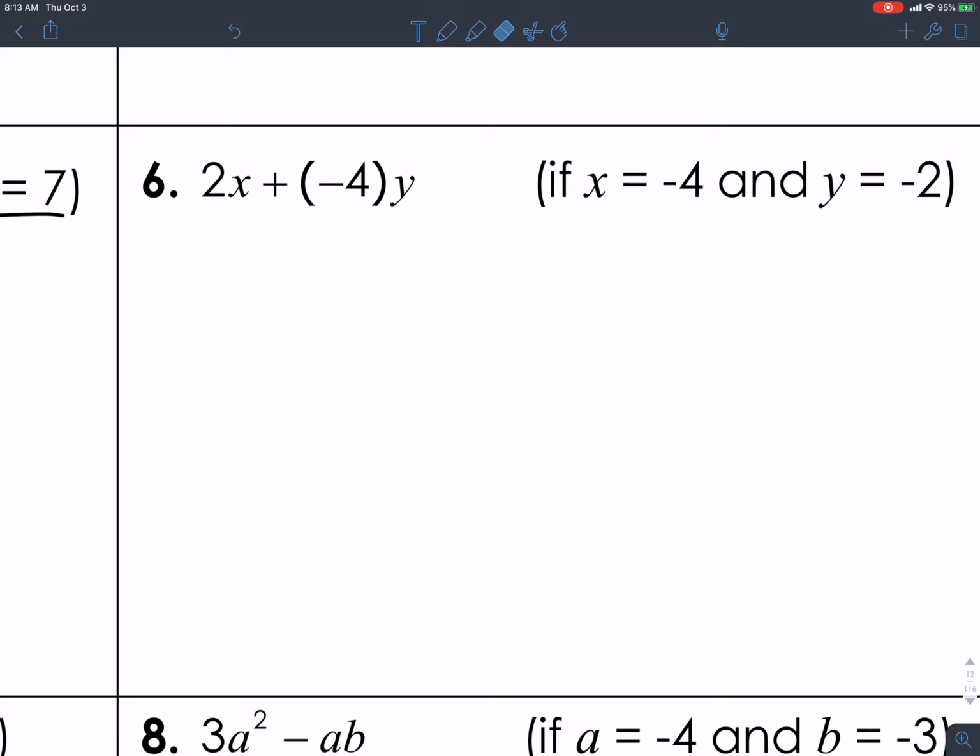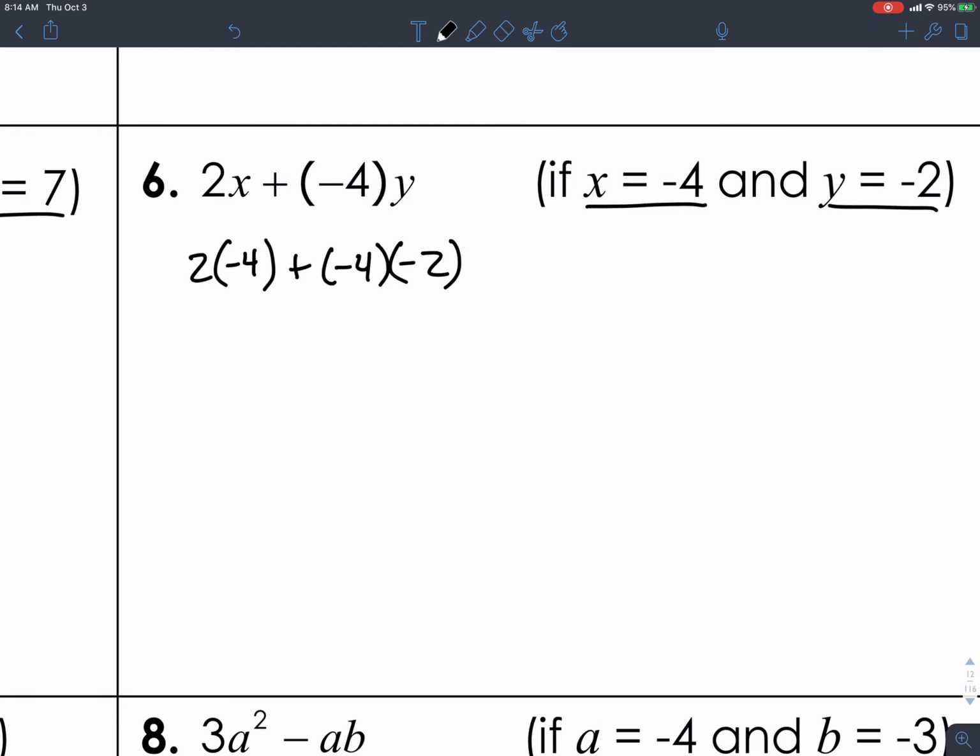So let's start plugging some stuff in or substituting. X is -4, y is -2. So I'm going to put 2, I'm going to take out the x and put in the -4, okay, because they're the same thing. Plus -4 times, well, y, I'm going to take out y and put in -2. Now, I'm going to tell you something about parentheses right here.